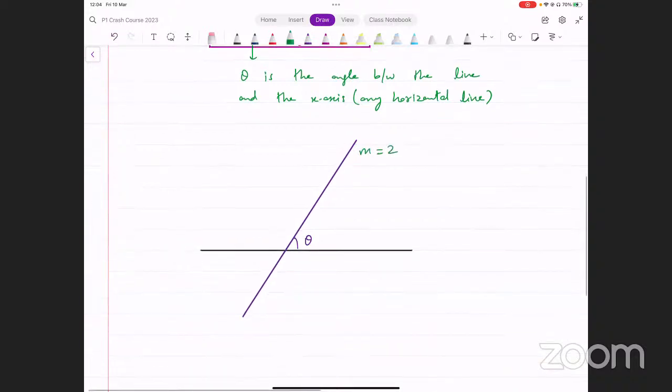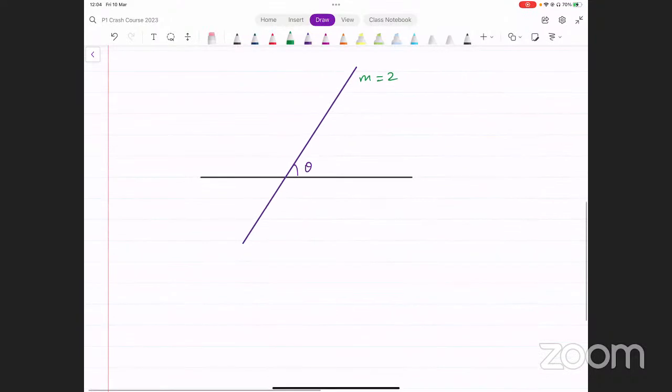How do you find the angle theta? You can just use the formula that we wrote above. Tan theta equals the gradient, which is just 2. Just take tan inverse of 2. That will give you 63.4 degrees, and that's the angle that you're looking for. So it's just as straightforward as this.